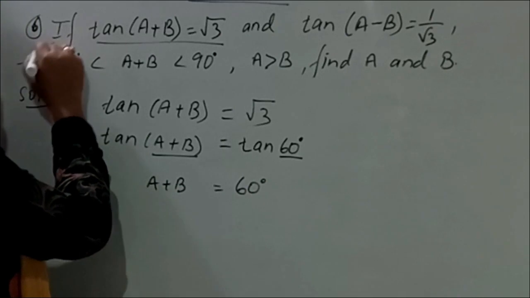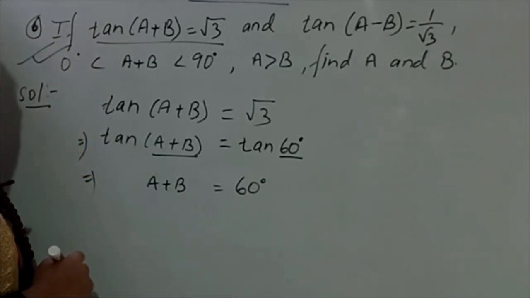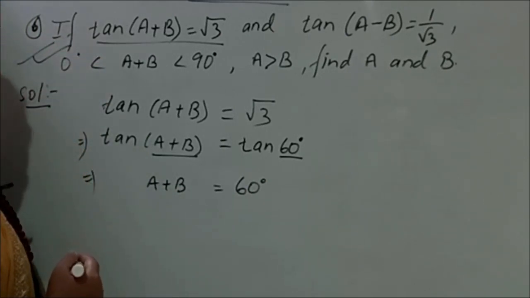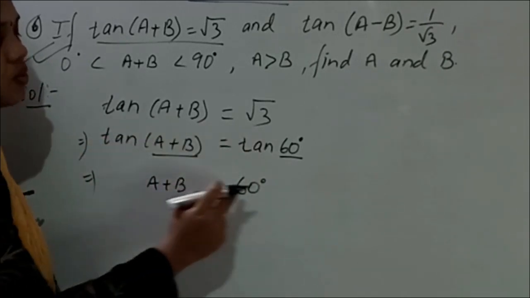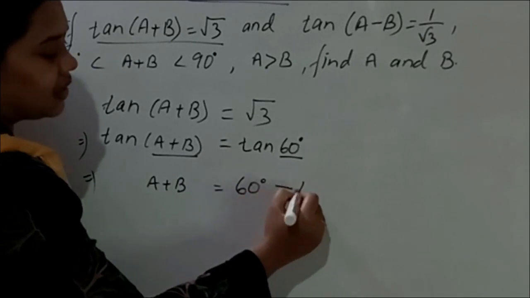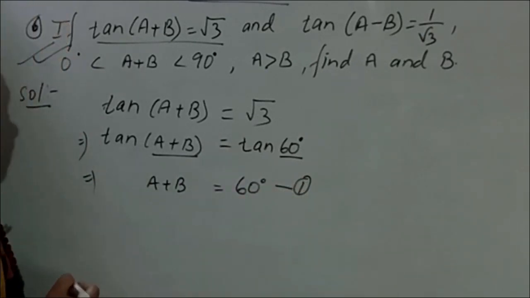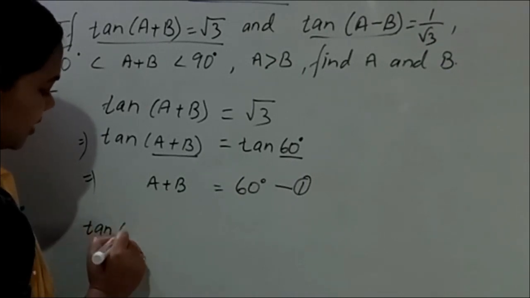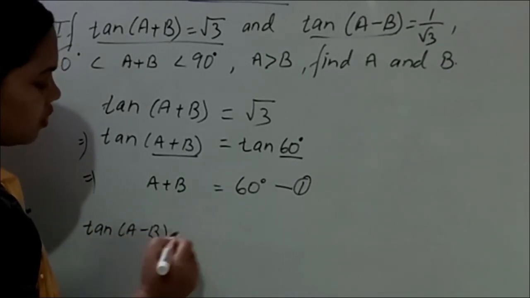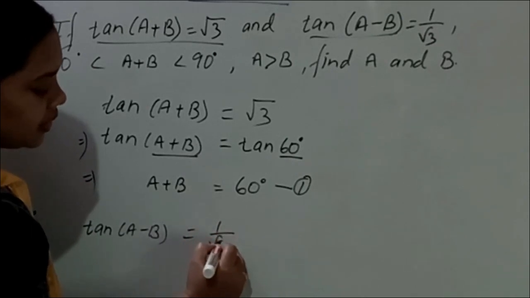Very important question, children. Like this type of questions are also coming. tan a plus b equal to tan 60, then a plus b equal to 60 degree. Let it be equation number 1. Now second, what is it? tan a minus b is equal to 1 by root 3.